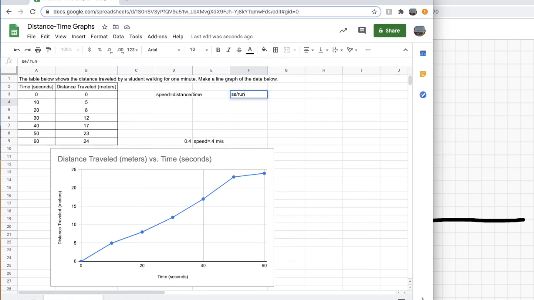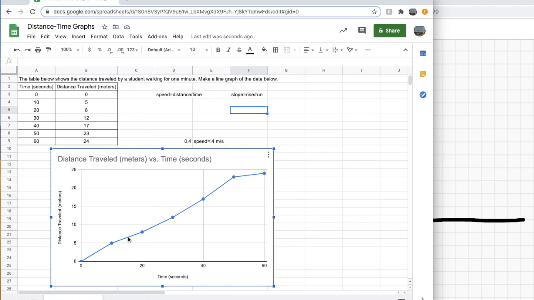Okay, sorry, if you put equals, it ruins everything. So rise over run, which is the equation for slope. Slope equals rise over run. So because your distance is your rise, it is the y-axis, and the run is time, that's the x-axis, y over x, your speed is going to be the slope of this line.